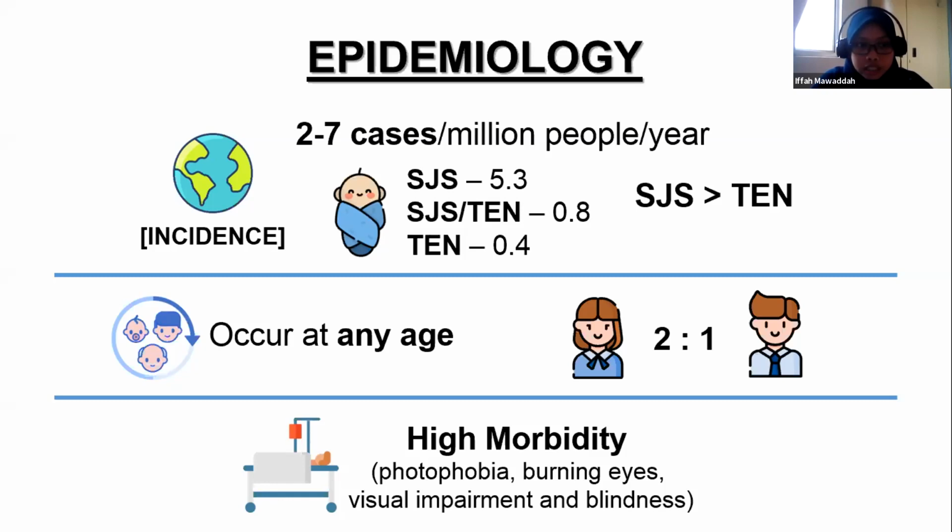Based on estimated incidence in children, we can see that SJS is more common than TEN. SJS also can occur in patients of any age and is more common in women than in men with a ratio of 2 to 1. SJS also causes morbidity to the patient such as photophobia, burning eyes, visual impairment and blindness. Right, next.